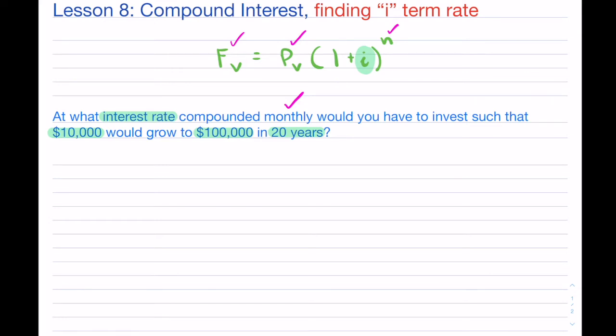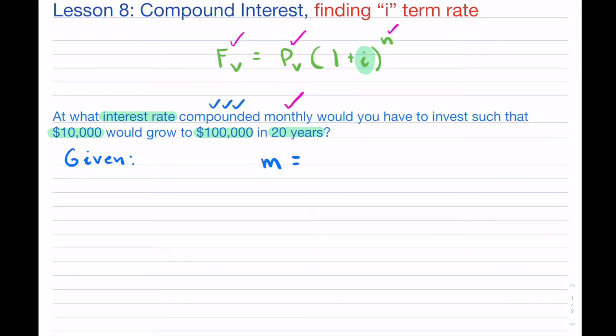Let me write down the givens. Every time I solve these types of questions, I always try to pick off the givens. And one of the key things is as soon as I see compounding, I know that I will need to know how I am compounding. So how many terms do I have per year?